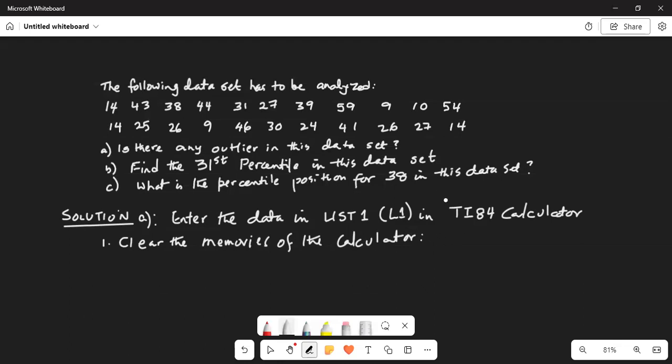How we press, first we press the second button on the top left of the calculator. Then we press the plus button on top of the enter button on the bottom right. Then select number 4. We will get clear all list on the calculator screen.